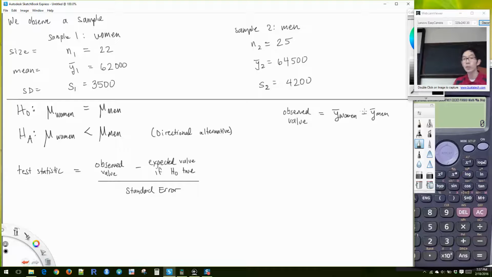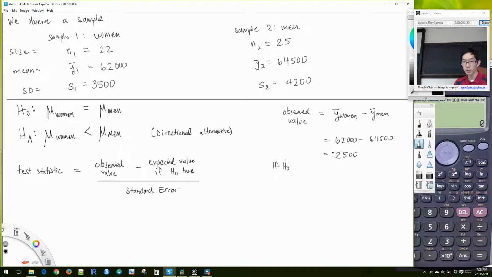So it'll be y bar for the women minus y bar for the men. In our case, it'll be 62,000 minus 64,500. So we are getting a difference of negative 2,500.